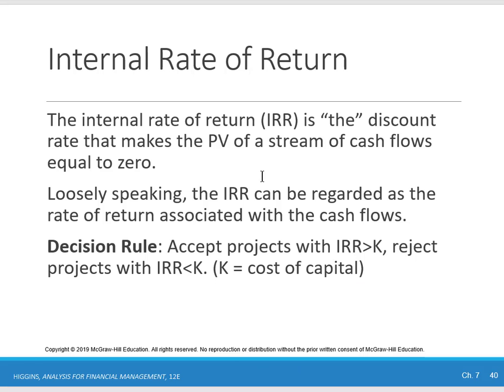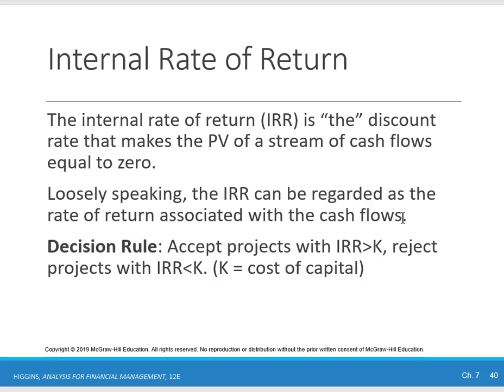The next ratio to talk about then is the internal rate of return. Now this is the discount rate that makes the present value of the stream of cash flows equal to zero. I will tell you, that's the definition, but it really doesn't describe what we want to know, right? The internal rate of return is the rate of return associated with the cash flows, assuming they actually occurred.